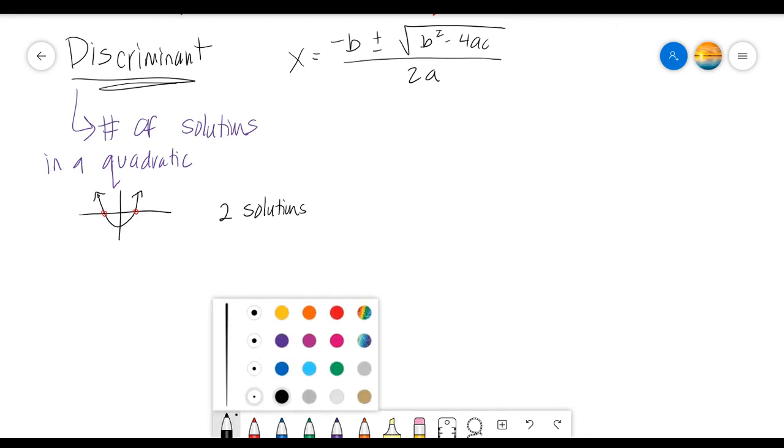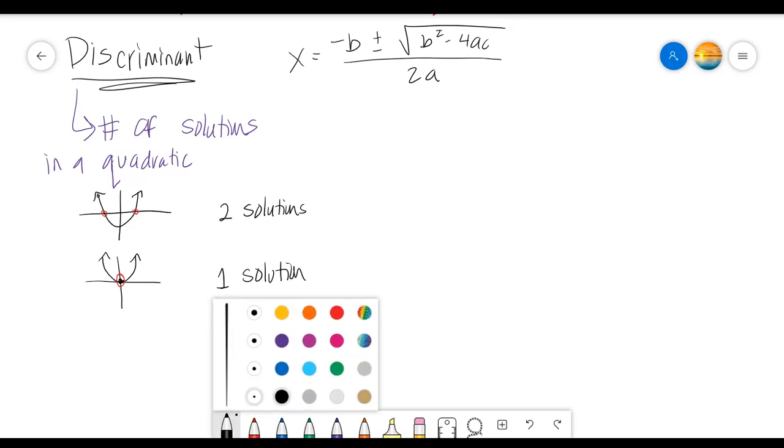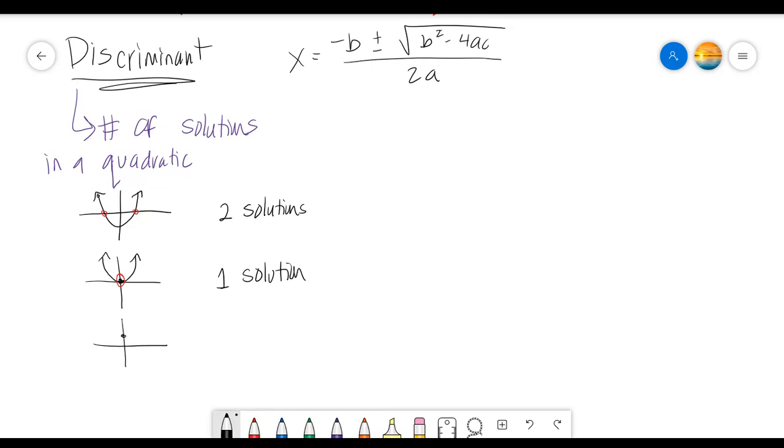If we have a parabola that looks like this, it falls right on the x-axis. The vertex, I mean, falls right on the x-axis. That has one solution, which would happen to be the vertex. We can also have a parabola that starts above the x-axis and is facing upwards.